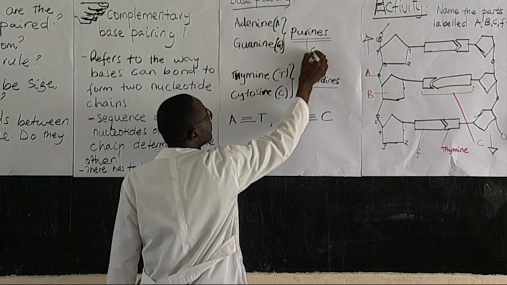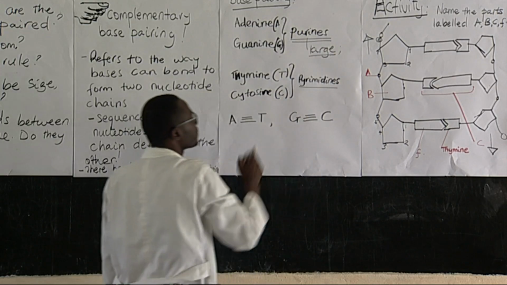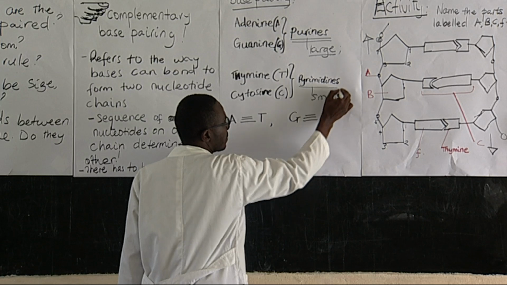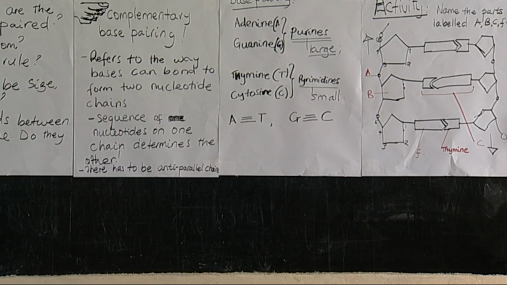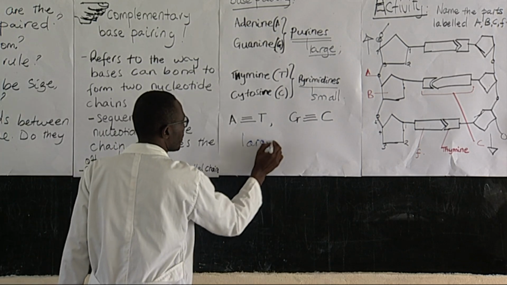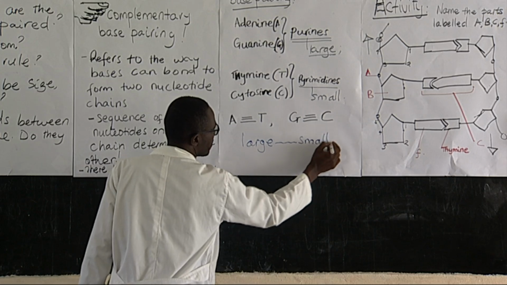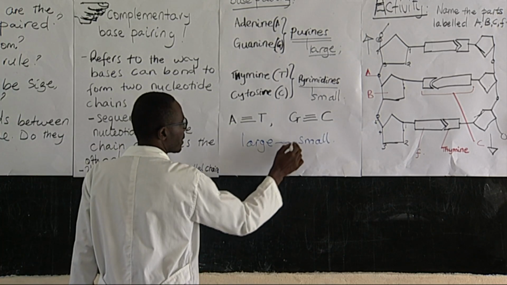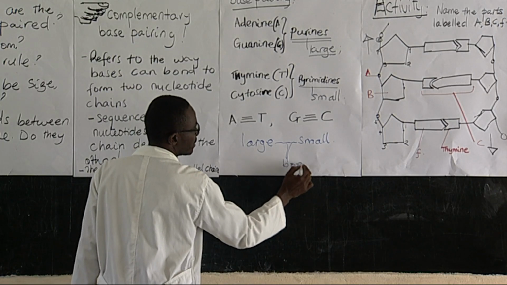These, we refer to as small bases. Try to recall the previous lesson. Now, in pairing, we look at a large base pairing with a small one. In the process of pairing, we do have the bonds that hold them together.